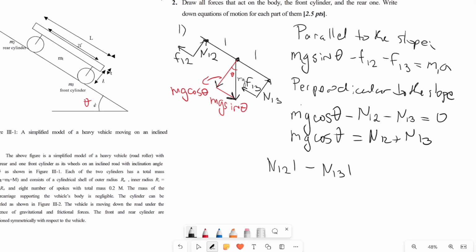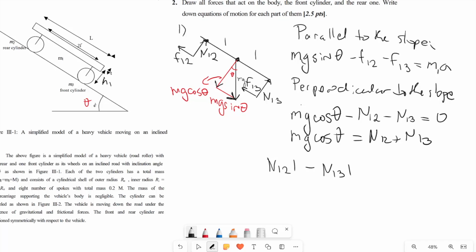And then what we need to consider is the torques from the frictional forces, because they're also going to have a perpendicular distance, and the mark scheme gives that distance here as h1, I believe. Okay, so the next frictional force that can create a torque is going to be F12.